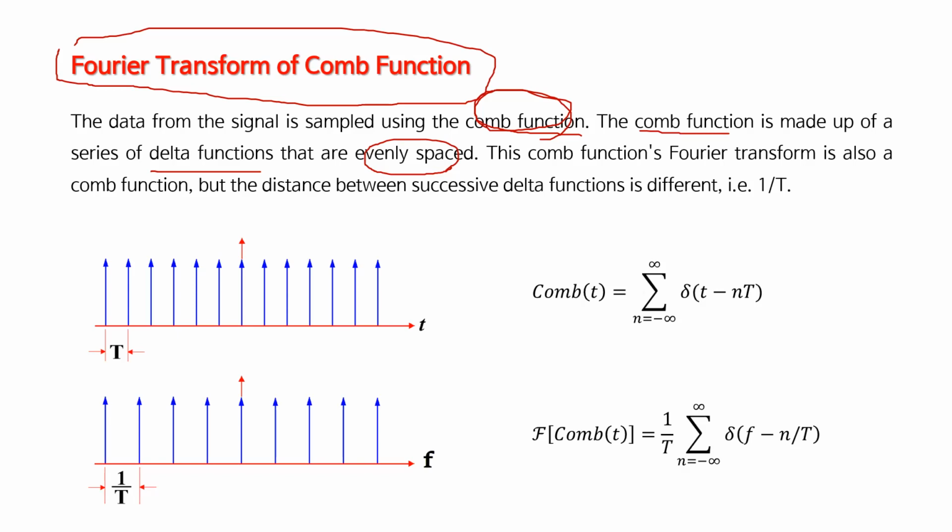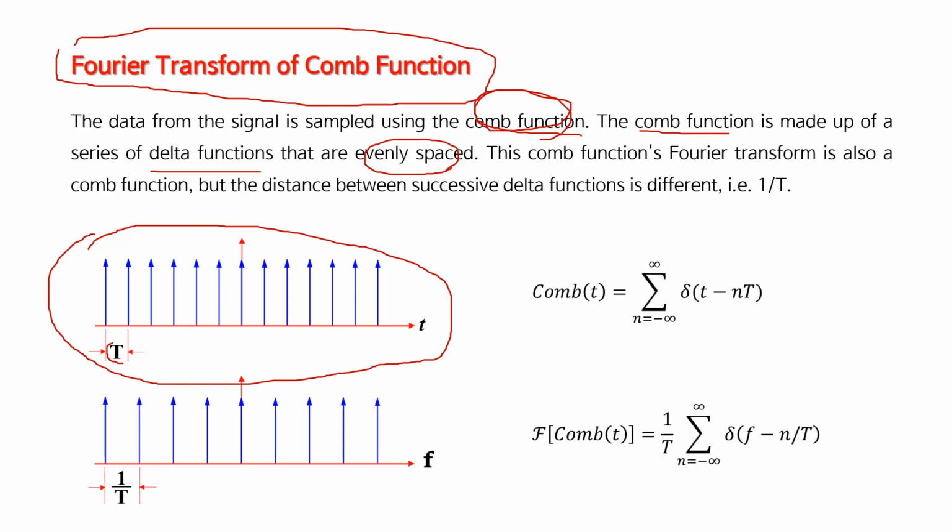So this is the comb function, a series of delta functions, and between two delta functions the time is t.